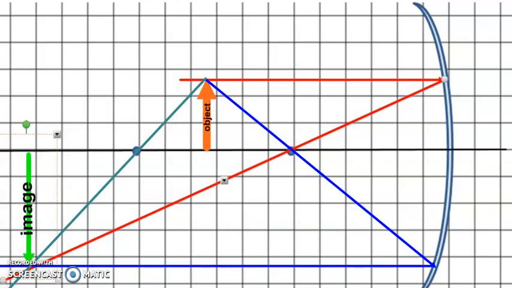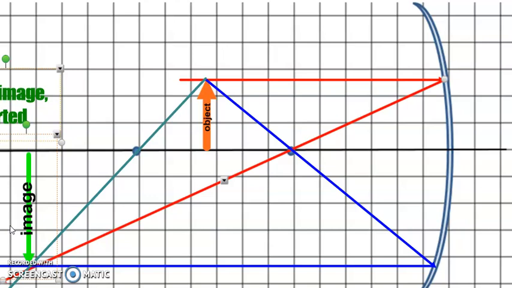Notice that this again is a real inverted image, and it is bigger than the original object. That always happens when the object is placed between F and C. And the closer you get to the focal point, the bigger the image will get way back here. Sometimes it goes way, way back, and you wish that you had a bigger piece of paper.